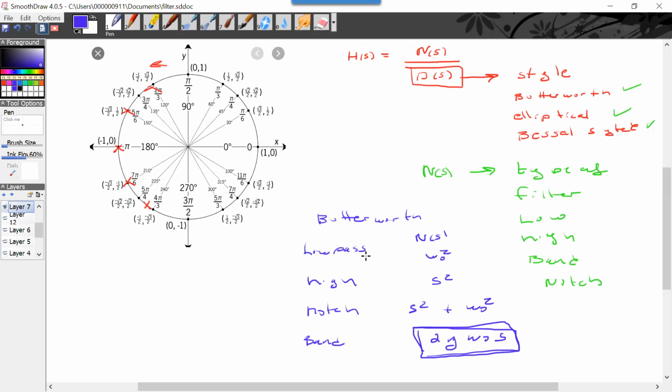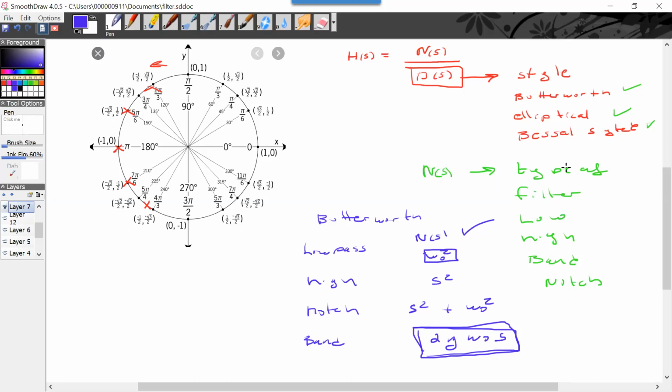So on the project, we need to get what we're kind of calling the DC part, right? So that means low pass, and this is the project for the lab, all right? So we're just going to have this part that has no S in it at all for the numerator.